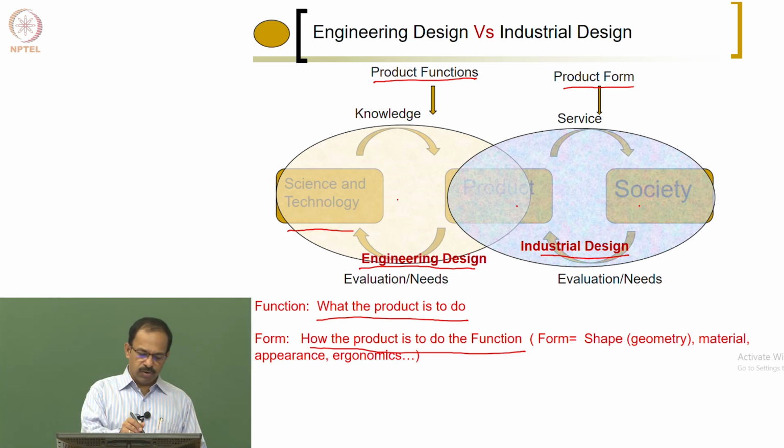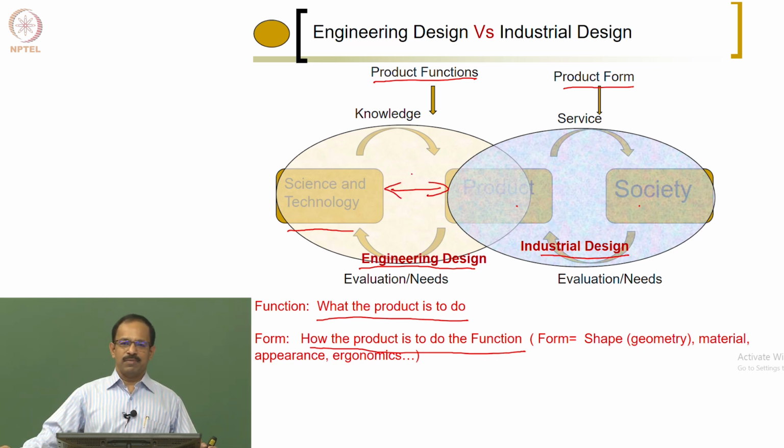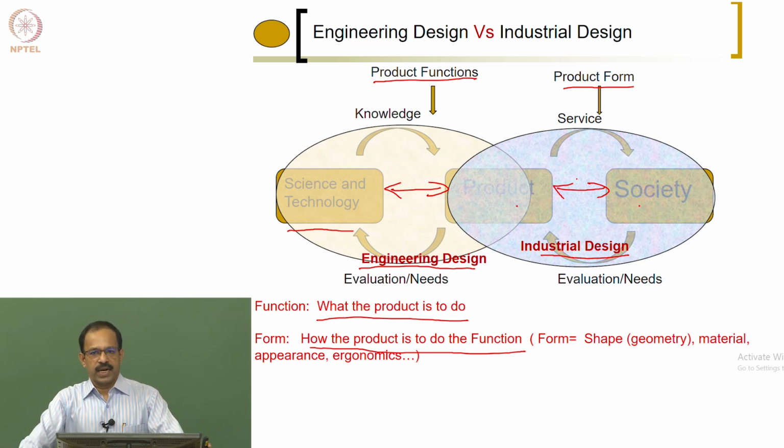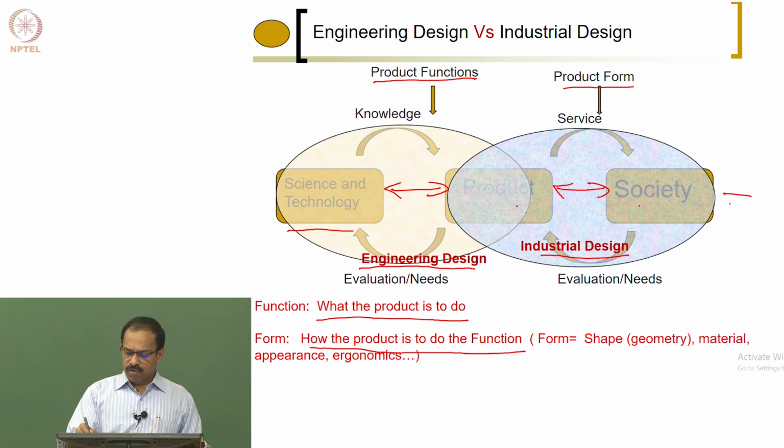So this product, when you don't have this link, will be a prototype which will be available in the laboratory, which nobody can use. People won't be able to use it directly, but when it is connected like this, then you have a product which can actually go to the market. So engineering designers and industrial designers, when they work together, you have a fully usable product coming out to the market.